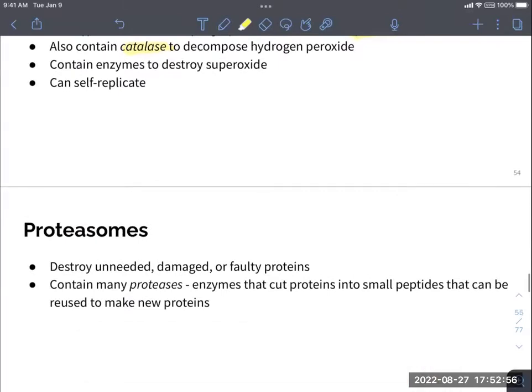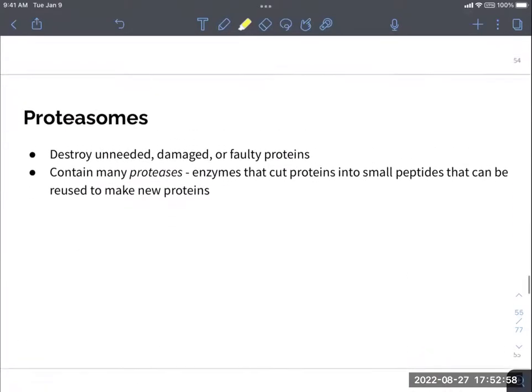We have proteasomes. These proteasomes destroy unneeded, damaged, or faulty proteins. So if we create more proteins than we need for a certain task, proteasomes destroy them so we can use the pieces again.